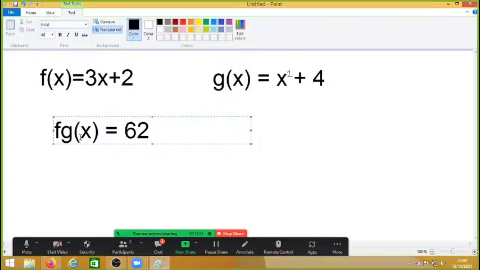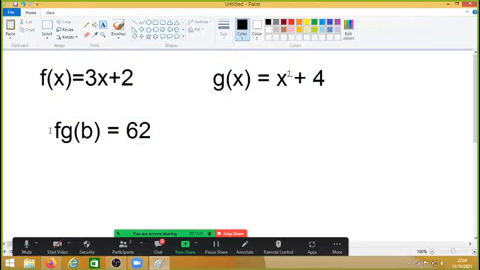Firstly, what would the function be? And what value of x would I put in to get the answer out as 62? So the actual question I've simplified, made it look a bit easier, but the real question in the book is this: what value of b would you put in to the function fg to get 62 out?